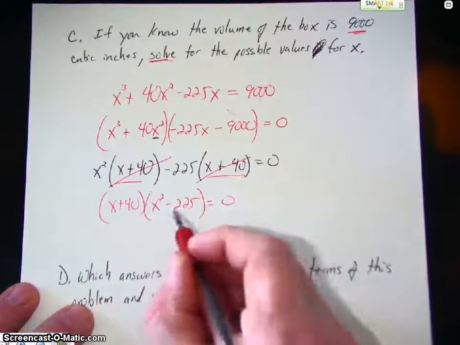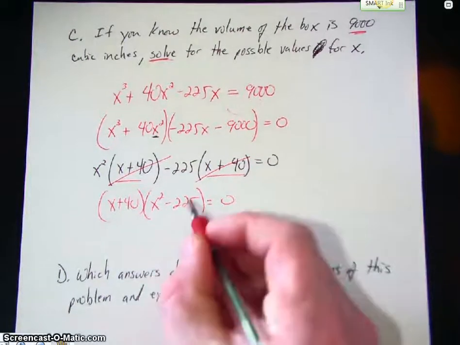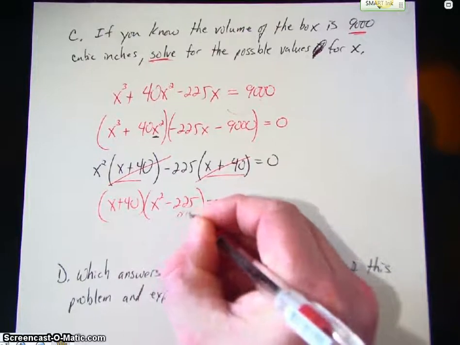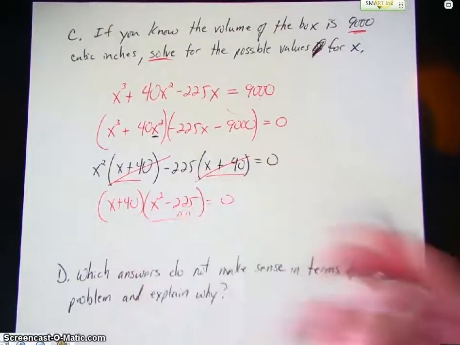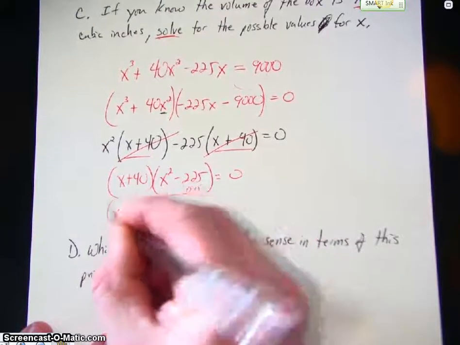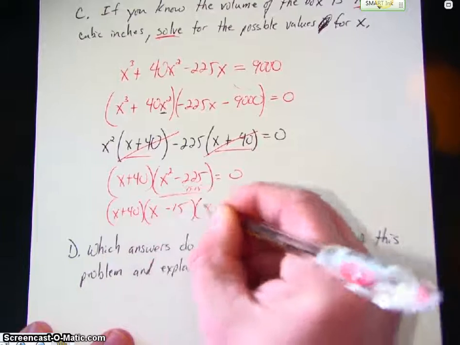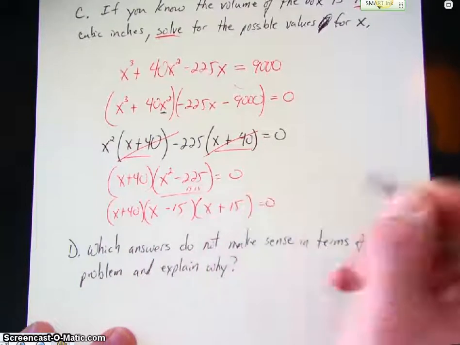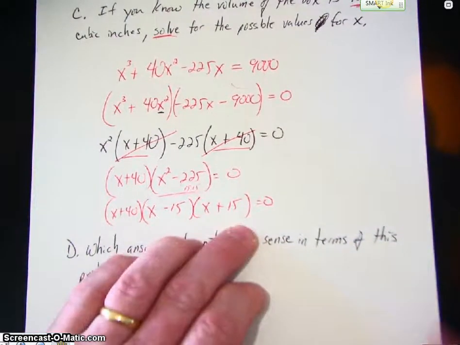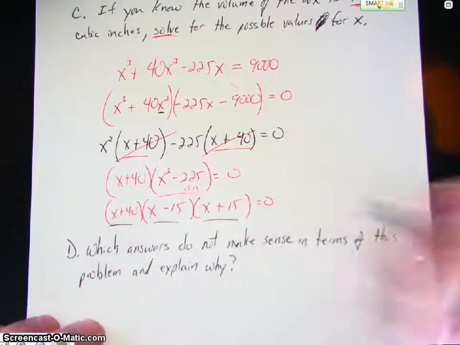Well, you notice here is 225. All right, 225, that's 15 times 15. So this right here is a difference of squares, so I can factor that some more. So I got x plus 40, I have x minus 15 and then x plus 15. All right, so now this is factored completely. So now I'm going to take each of these and set them equal to 0.